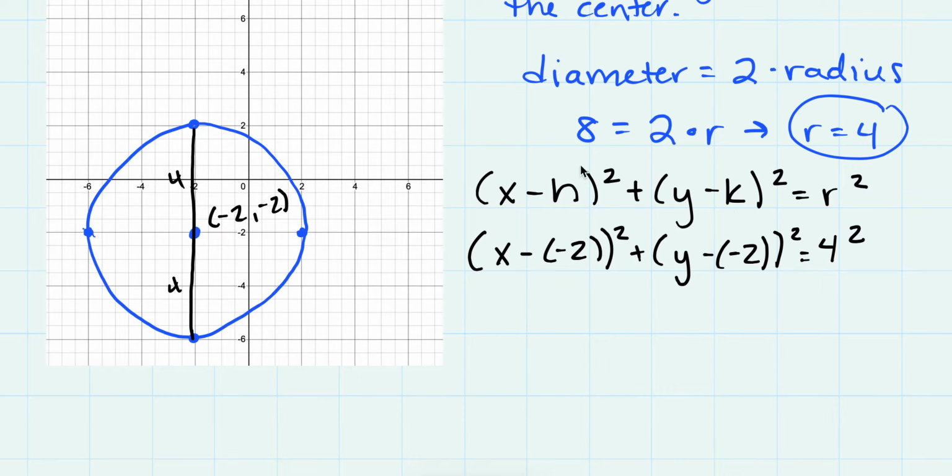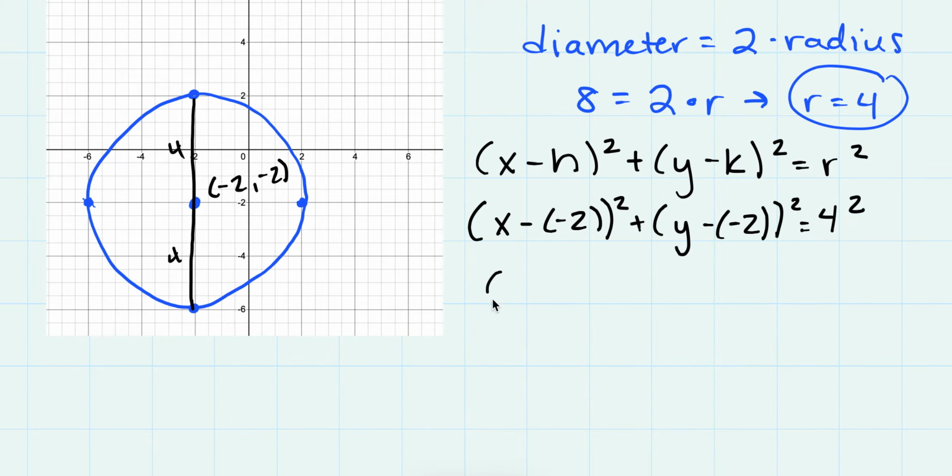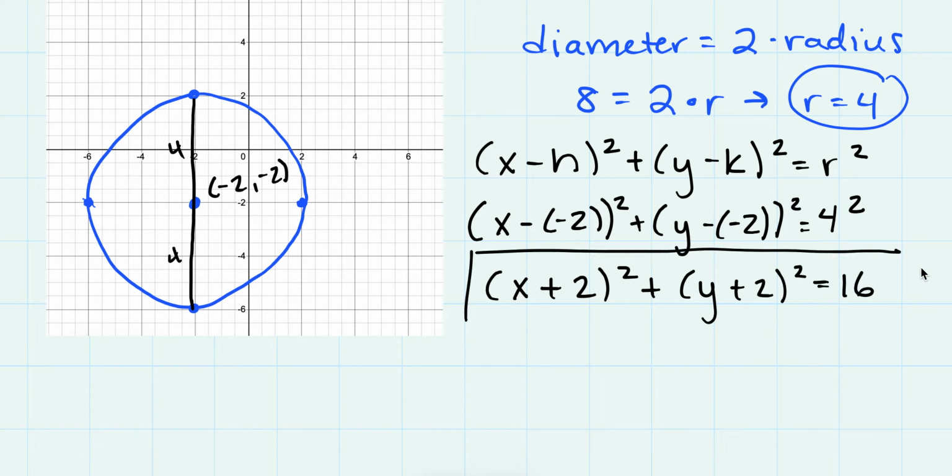And like I said before, when we clean this up, we're going to have the opposite signs. So this is going to become x plus 2 squared plus y plus 2 squared is 16. 4 squared is 16. And now we have the equation of our circle.